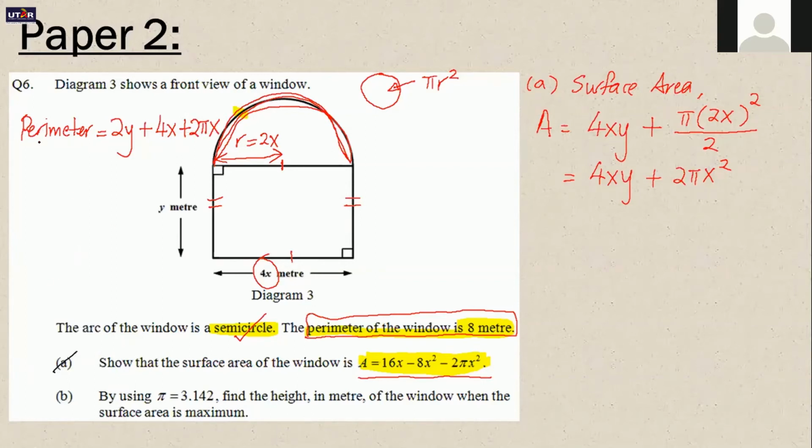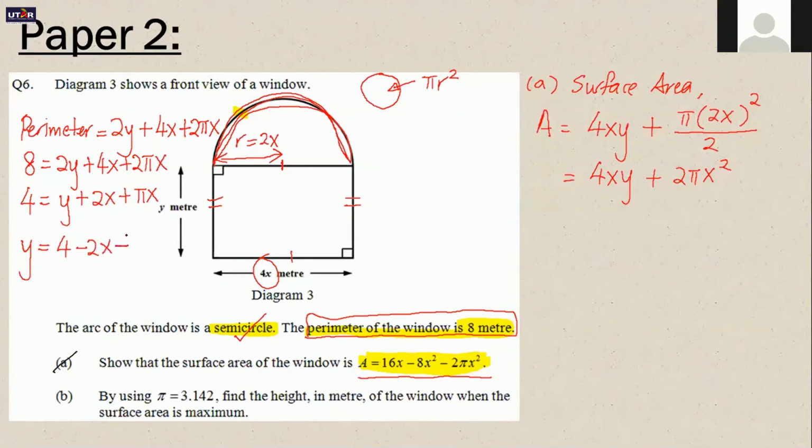And what is the given perimeter? It is 8. So 8 equals 2y plus 4x plus 2 pi x. I need to find y. All terms consist of a common factor 2, so you can simplify it first. So the y will be 4 minus 2x minus pi x.